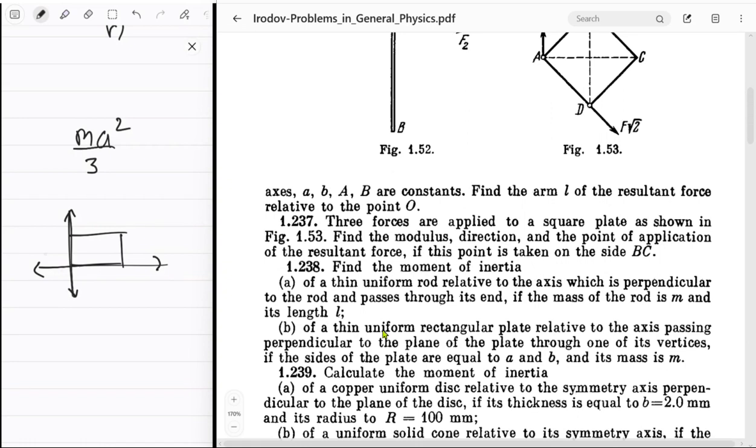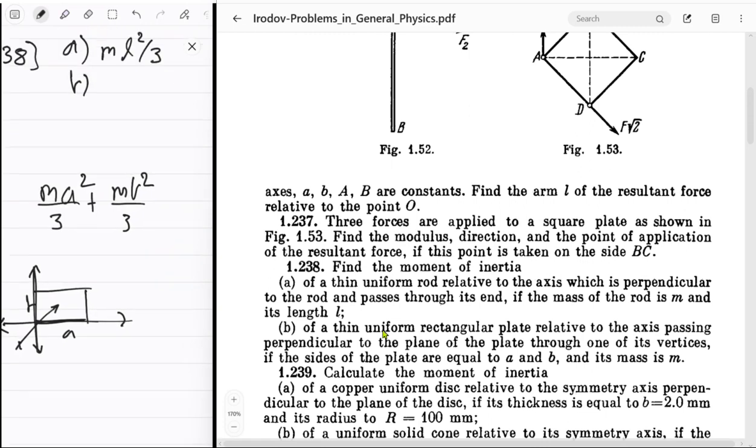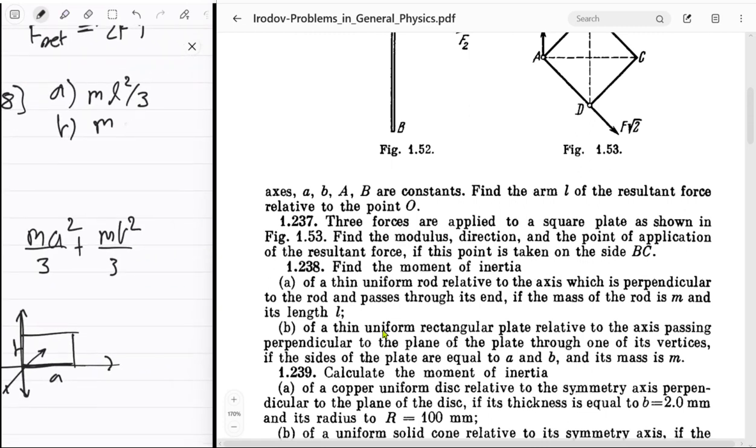About this axis, this is a, this is b: m a squared upon 3, and then you got m b squared upon 3. About this axis. There we go. So then just add them up to get the inertia about this axis, which is actually perpendicular to the plane. Cool. So just m times a squared plus b squared, all of that upon 3.